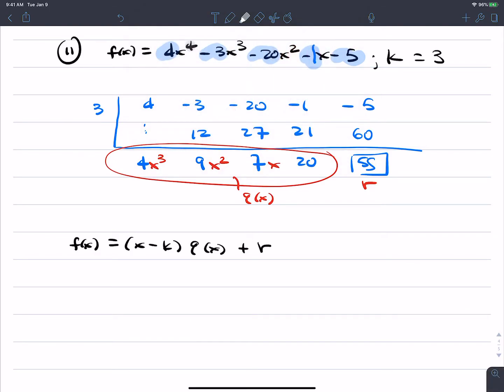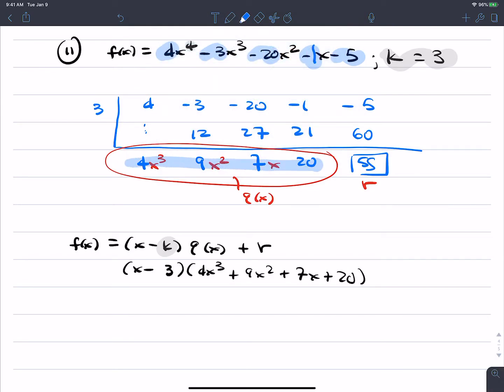Let's take a look. K is 3. So here I plug a 3 in. My quotient function is 4x cubed plus 9x squared plus 7x plus 20, because we found that.